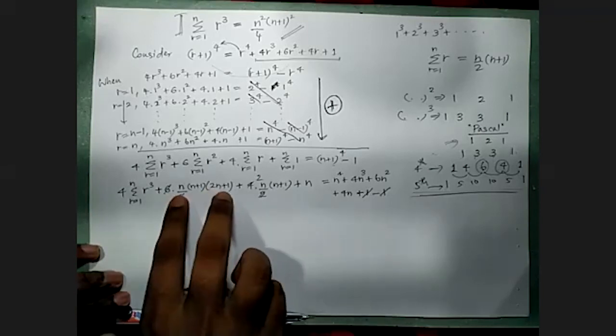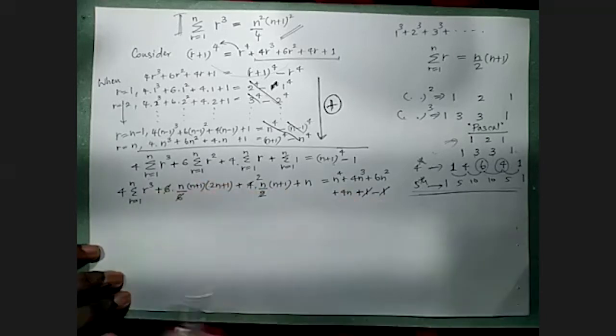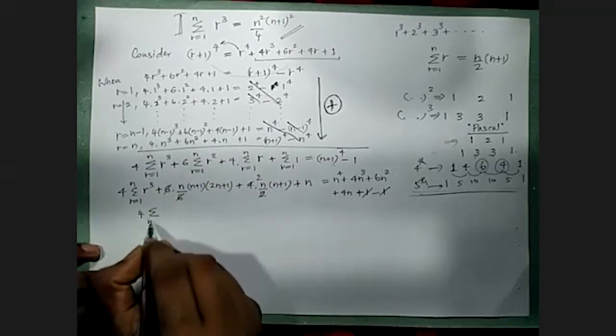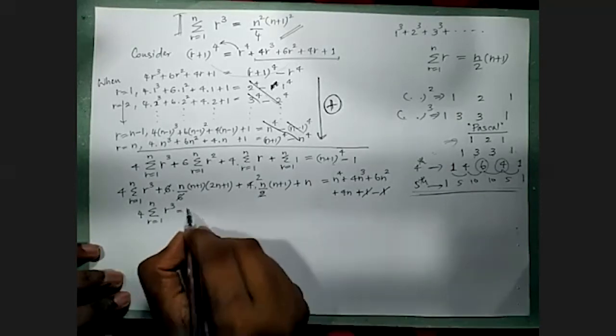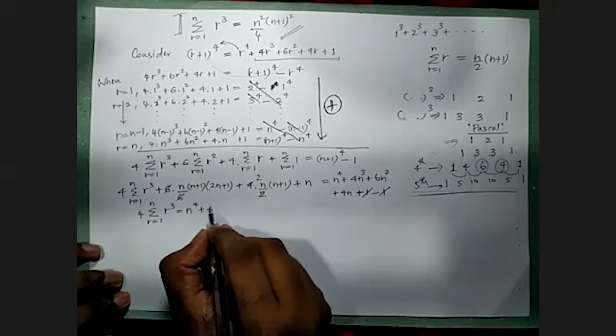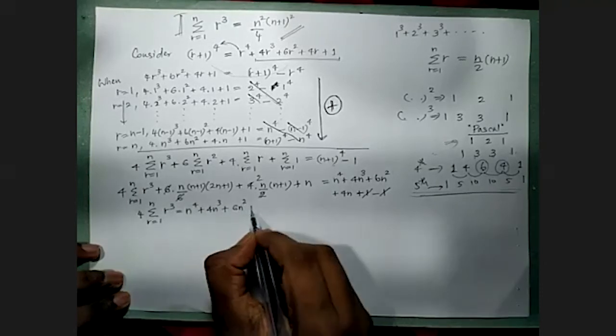Now expand these brackets and send those terms to right hand side. Here we have n to the 4, 4n to the 3, 6n to the 2, 4n.